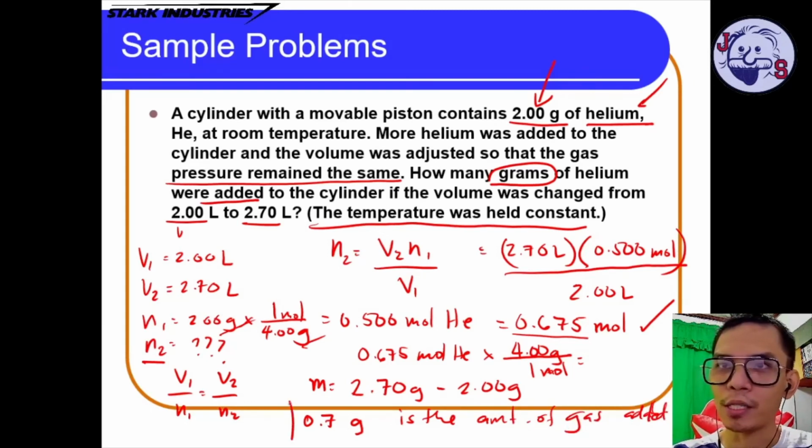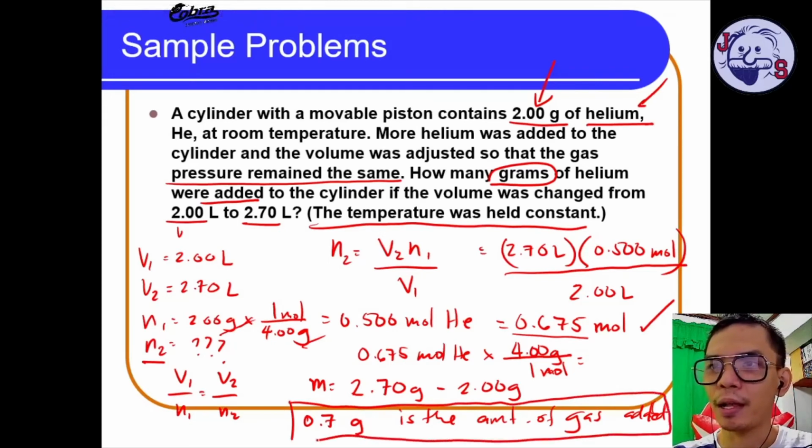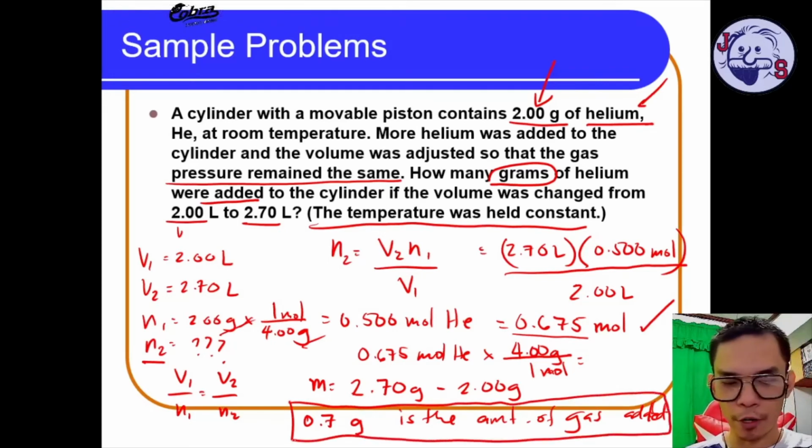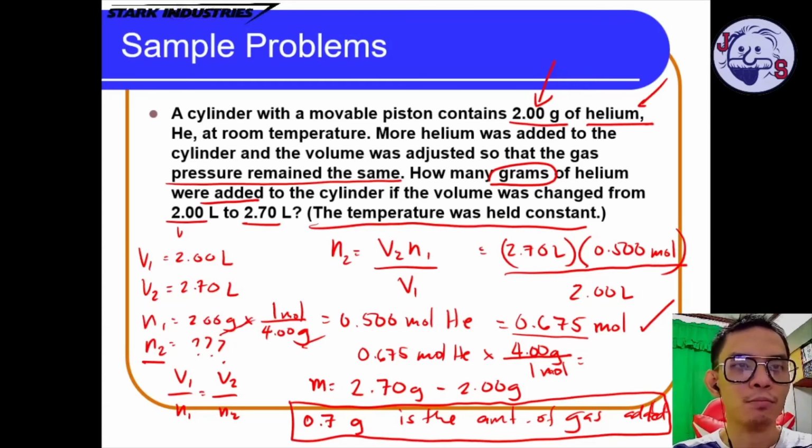This is the correct and complete final answer. So for this problem, 0.7 grams is the amount of gas added to this container. So that is sample problem number 2.